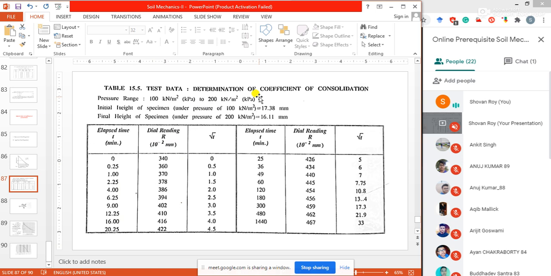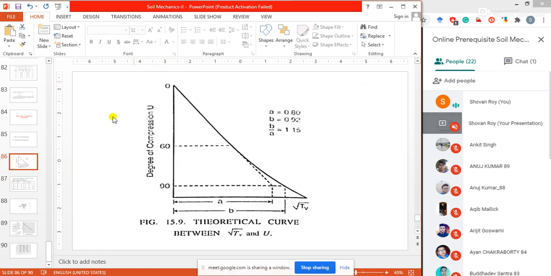So to determine the coefficient of consolidation by the square root of time fitting method, we need this table, the elapsed time, dial reading, root over t, and the fundamentals of this theoretical curve, that is, the relation between degree of compression or consolidation and time factor.